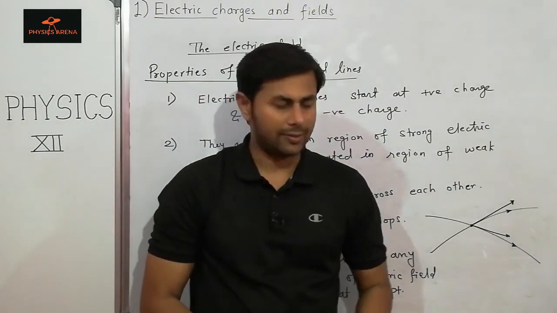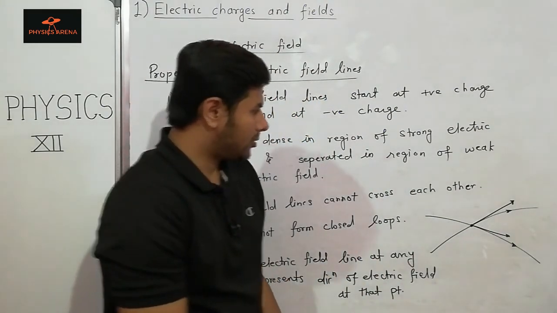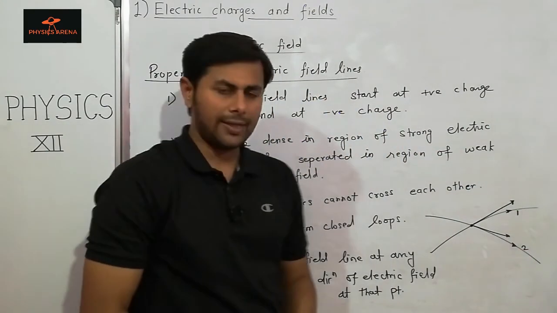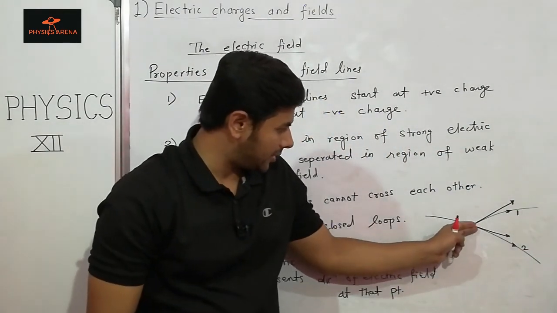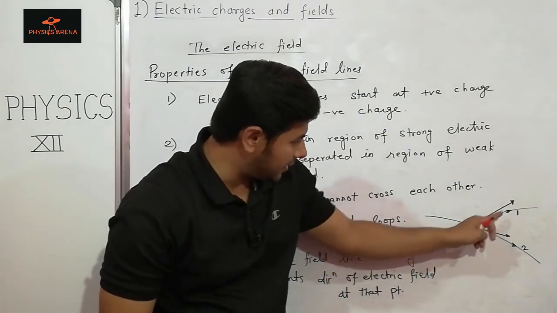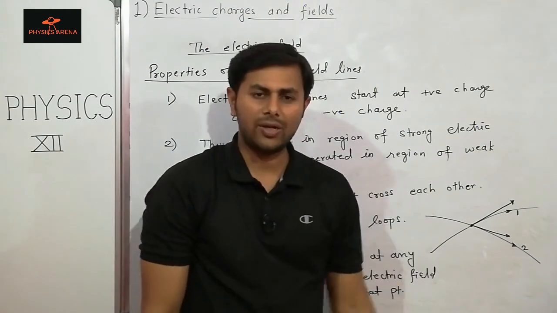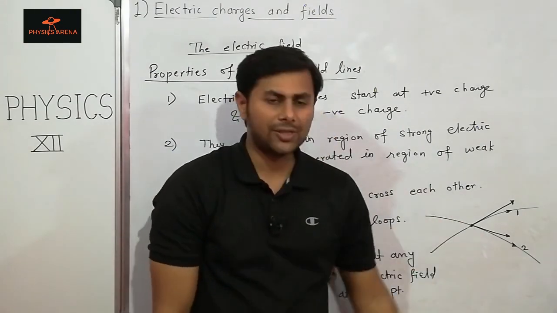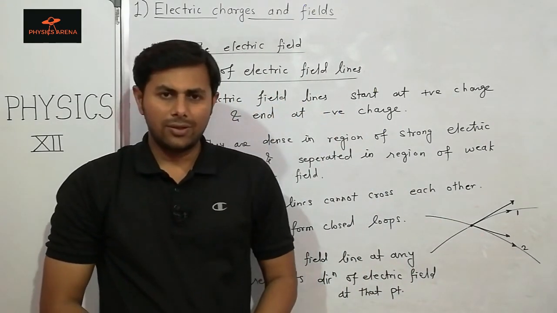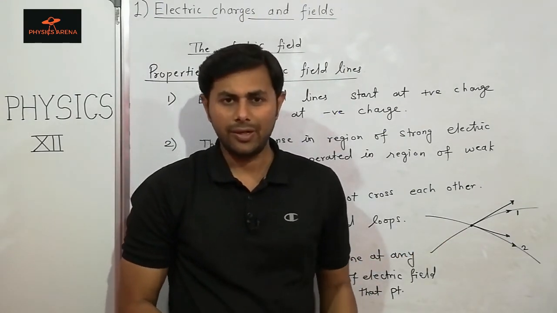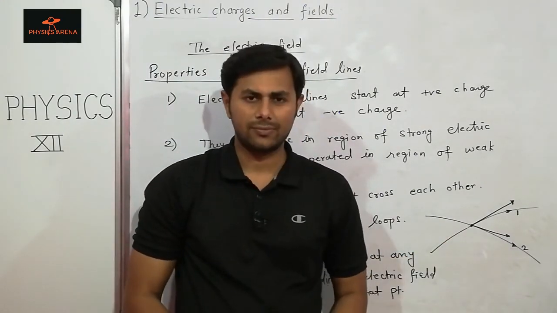Okay, so now this is electric field line number 1, this is the second electric field line, and as you can see at this point, this electric field line is going in this direction, this electric field line is going in some other direction. So what will be the direction of the electric field at that point?